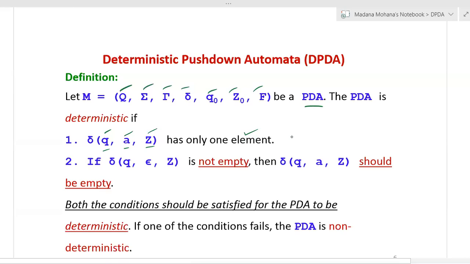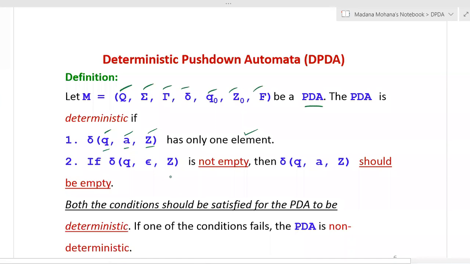You can recall this condition is the same as in the deterministic finite automaton. In a deterministic finite automaton, from a state with the same input symbol, it does not contain more than one transition. That means from a state on the same input symbol, it has only one next state.